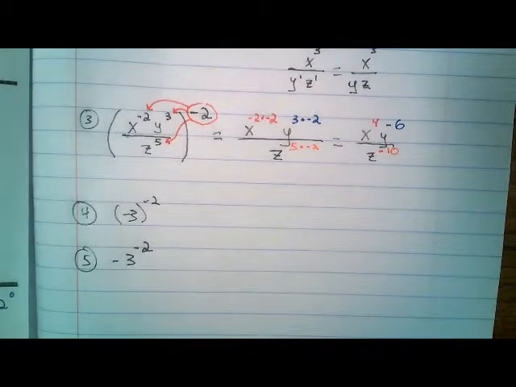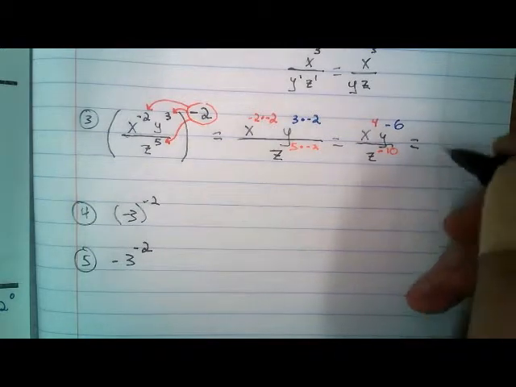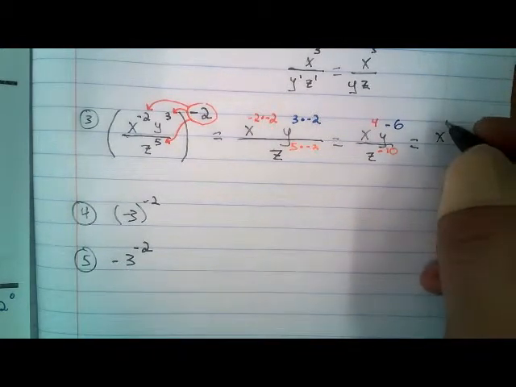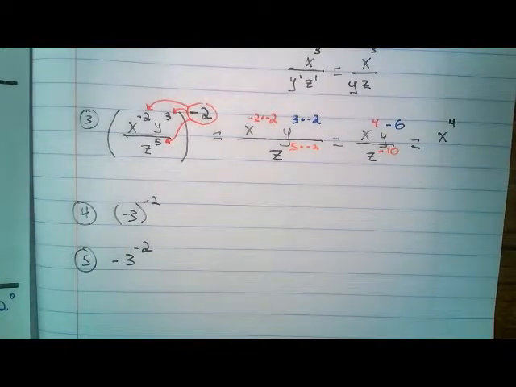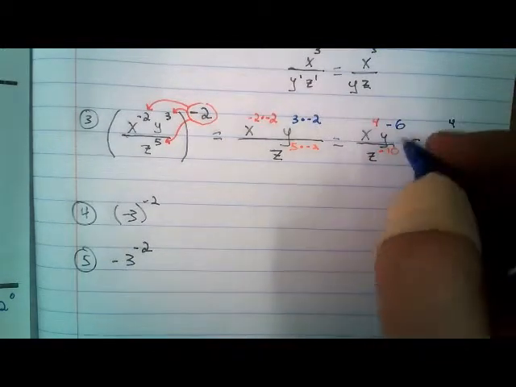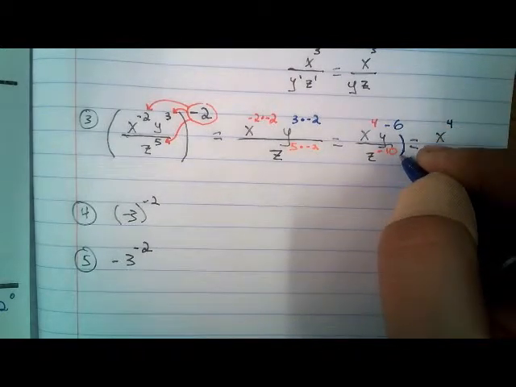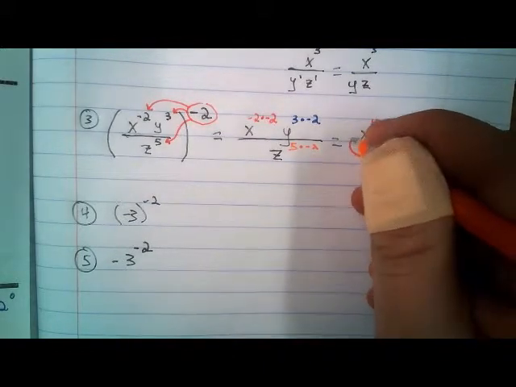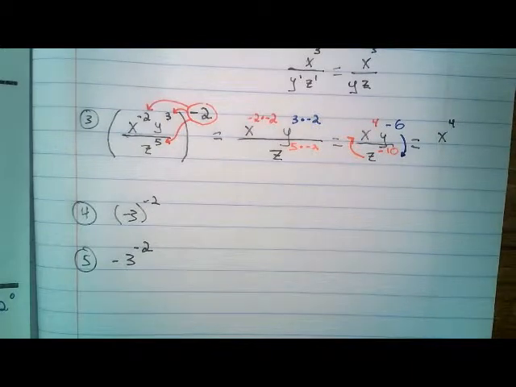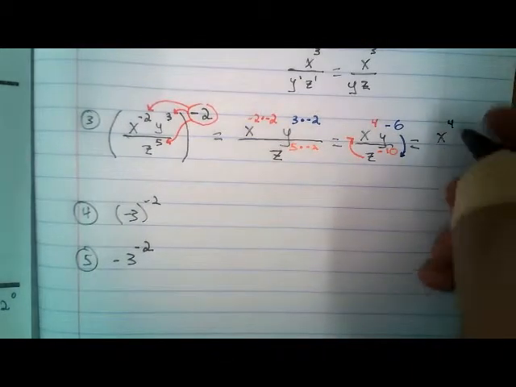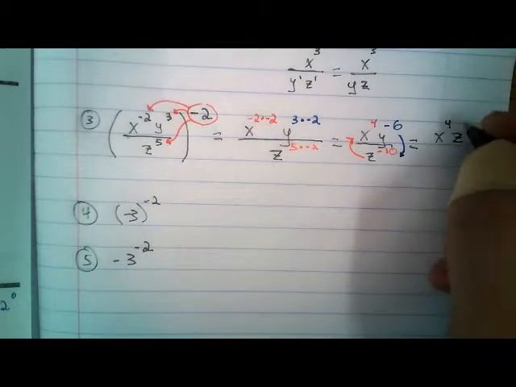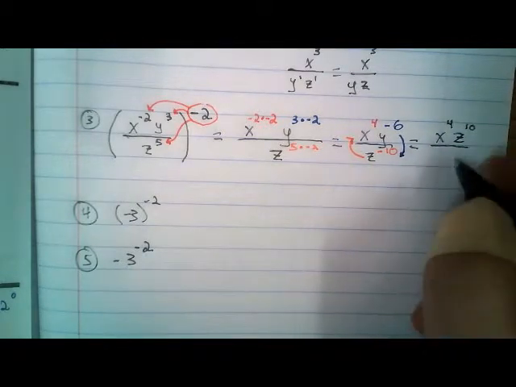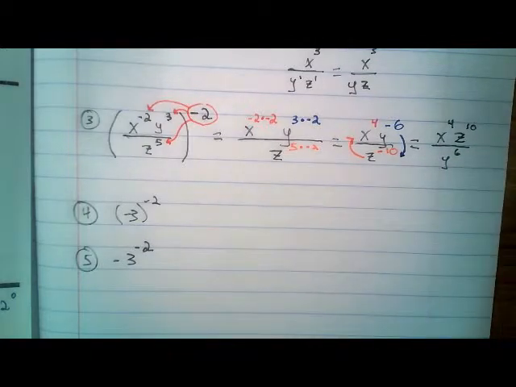And now I've got some negative exponents, which I can't have when I give the reader my final answer. So x to the 4th, that can stay the same. But y to the negative 6, I've got to cross the line and change the sign. Z to the negative 10, I've got to cross the line and change the sign. So my final answer becomes x to the 4th. Now z to the positive 10 is in the numerator, and y to the positive 6 is in the denominator. And that's my final solution right there.